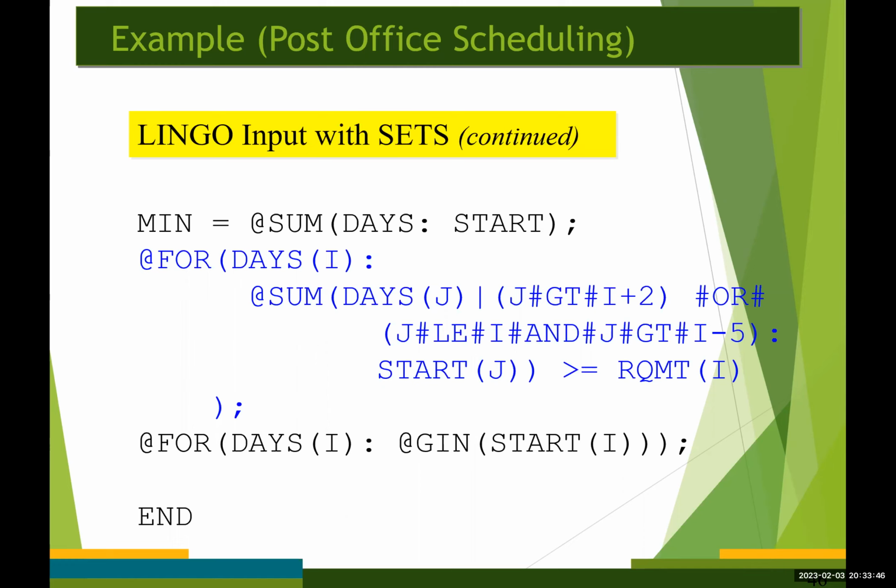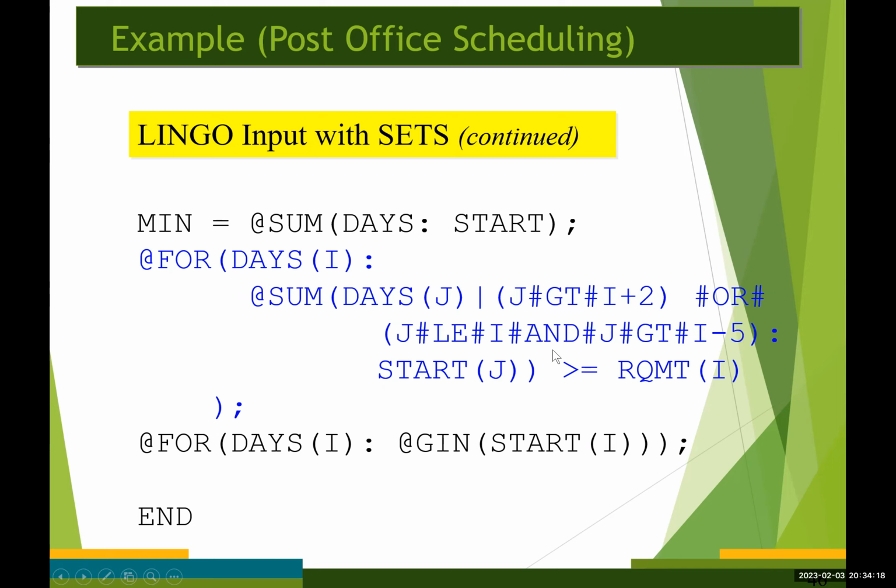So for day number 1, for example, this part sums the total number of employees starting work of the values of J, satisfying these conditions: J is greater than I plus 2, or J is less than or equal to I and J is greater than I minus 5, okay?